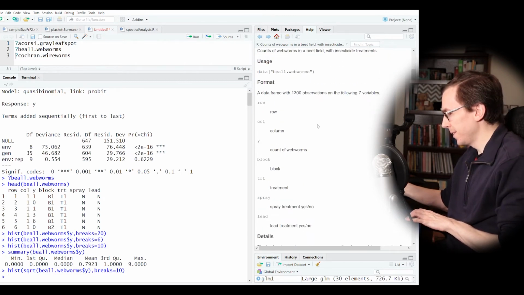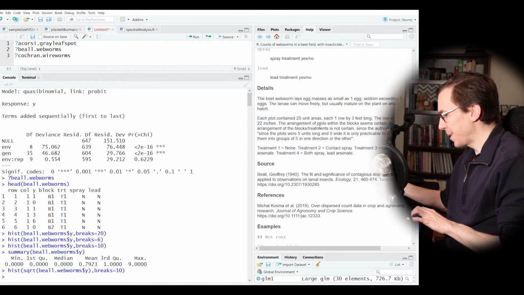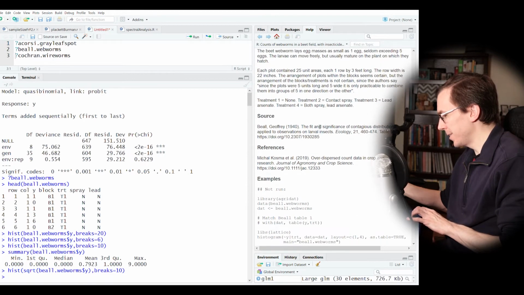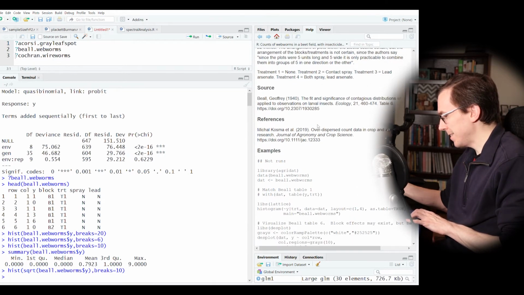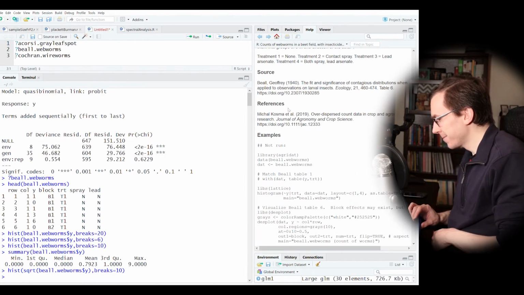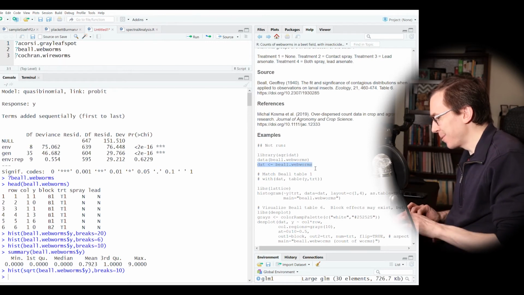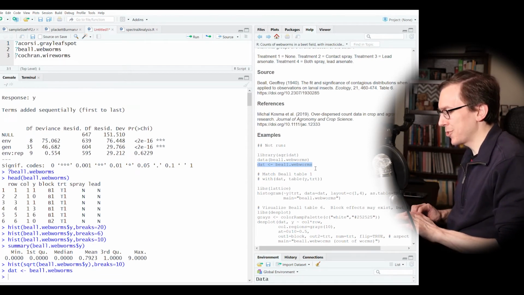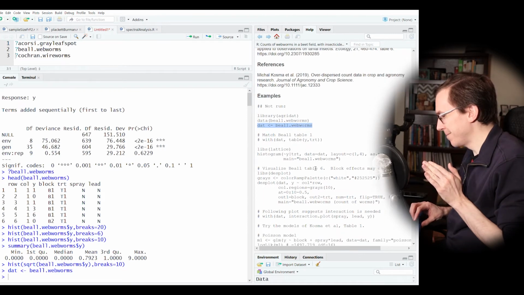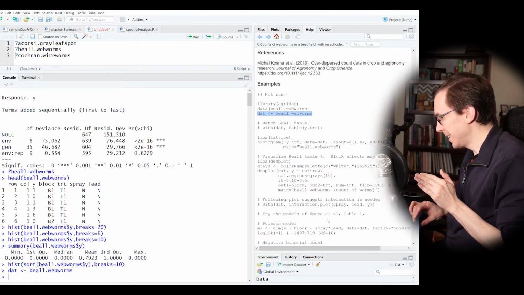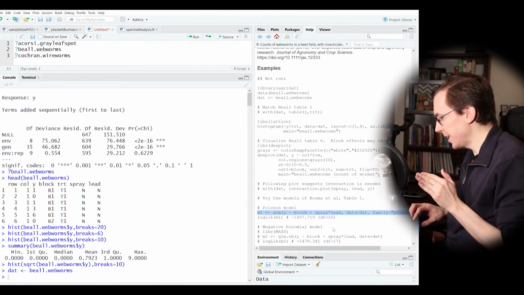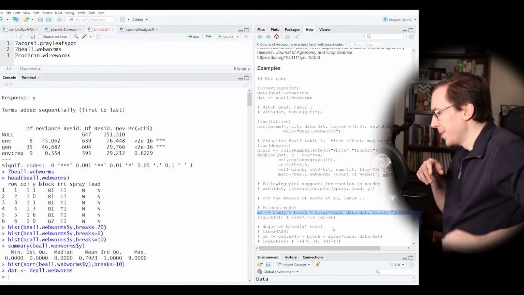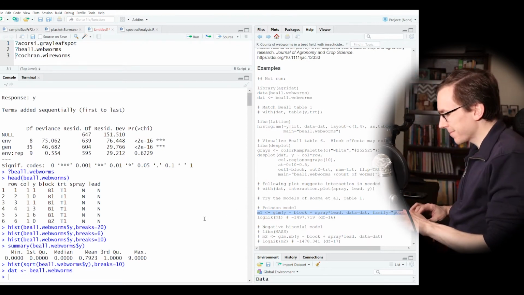Oh, except for one transformation, which is we need to make sure that it knows that the row and the columns, which they don't include in their GLM here, are factors. Okay, well, I'll just do it then.